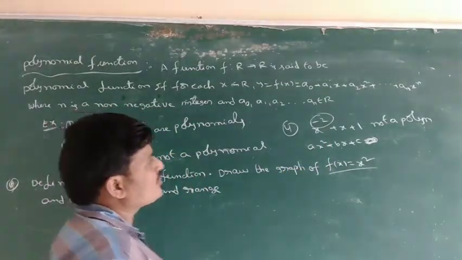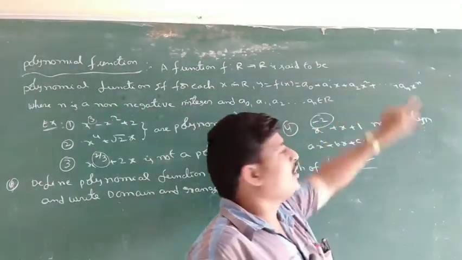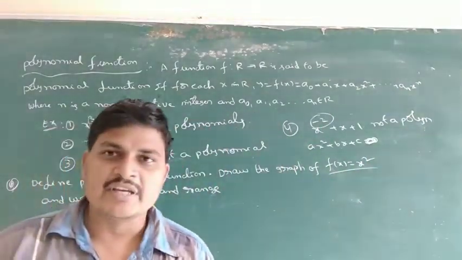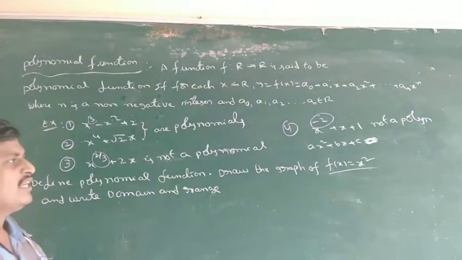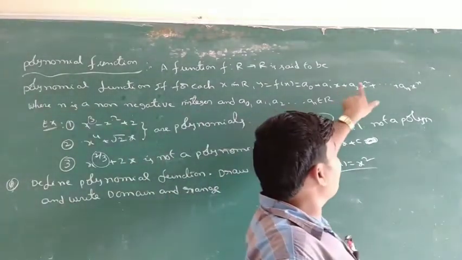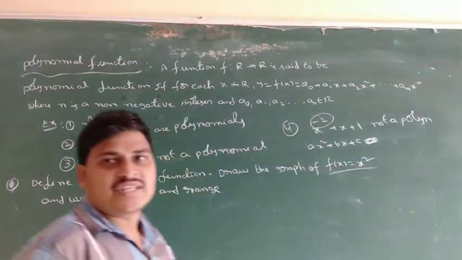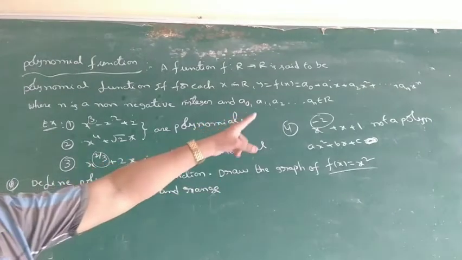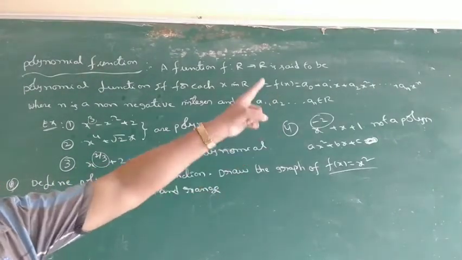A polynomial also has a single variable. Quadratic, linear, cubic and biquadratic equations are all single variable. f of x means a0 plus a1x plus a2x square and so on up to an x power n.